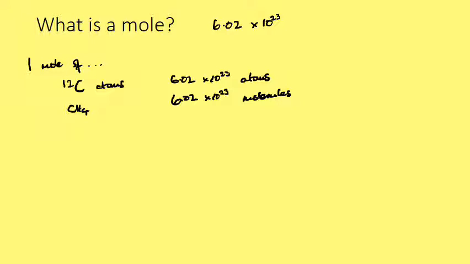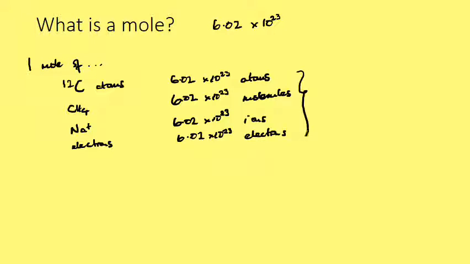Let's have a look at another example. What about sodium ions? Well, if we had a mole of sodium ions, we would have 6.02 times 10 to the 23 ions. And we could even have a mole of electrons or a mole of protons, in which case we'd have, guess what, 6.02 times 10 to the 23 electrons in this case.